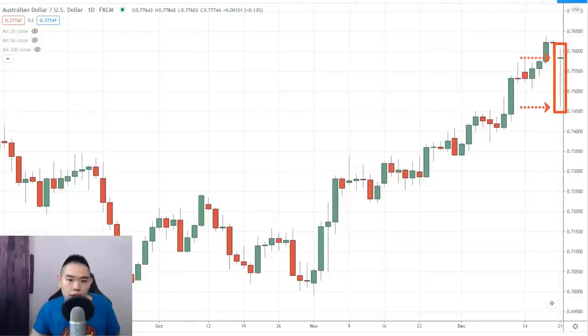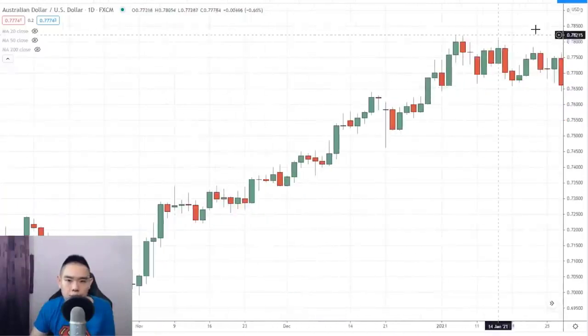Then the buyers took control and pushed the price back up near the highs of the day. So you can see that this is actually a bullish candlestick pattern, and this is what we call a dragonfly doji. I didn't teach that to you, but using the concept of open, high, low, and close, where the price opened, where the price closed, who's in control, you should know that this is actually a bullish candlestick pattern.